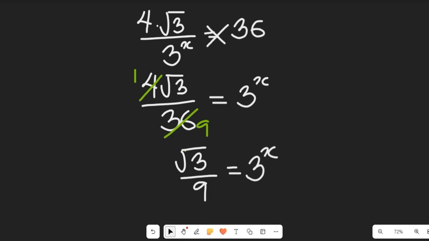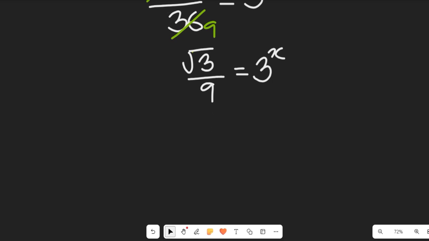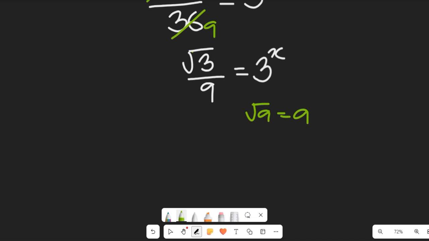Now can you see what I'm saying? With this value now, I can simply take everything to a common base, that is base 3. Recall that the square root of a can simply be equal to a to the power of 1 divided by 2, right?